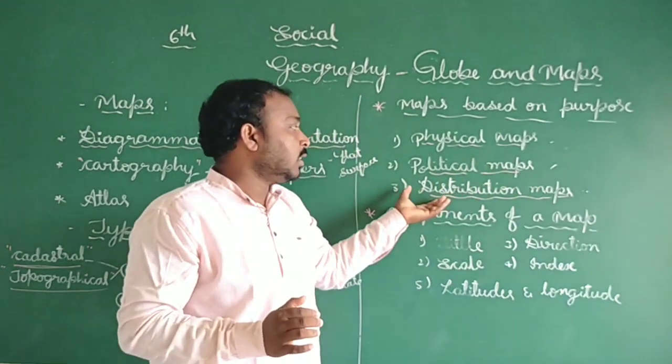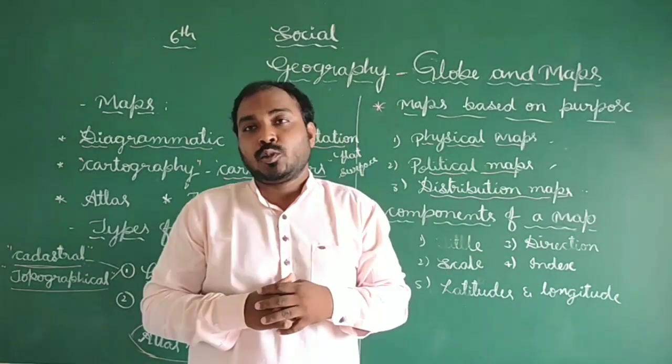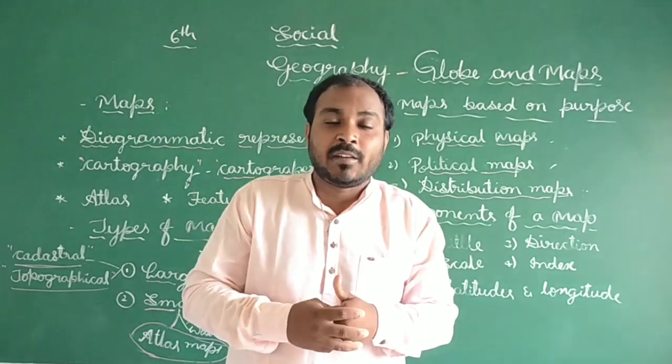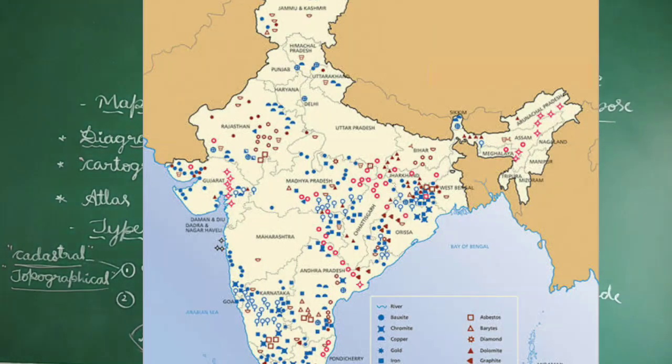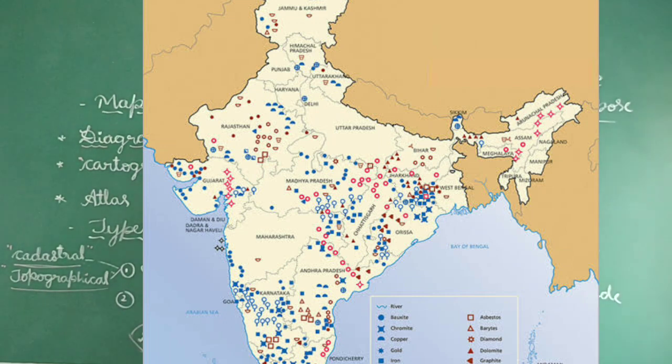Okay, next one, the distribution maps. The distribution maps represent the physical features or what minerals are found. You can also see features such as land, temperature, soil, minerals, resources, railways, roads, waterways.